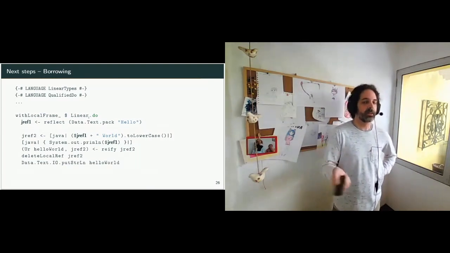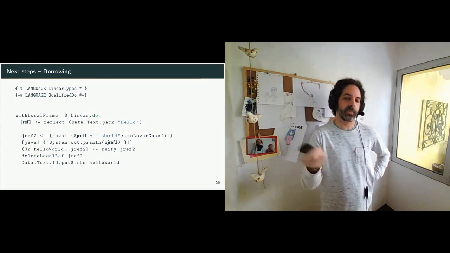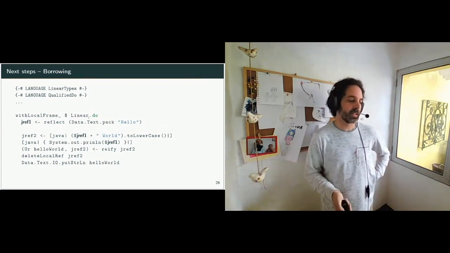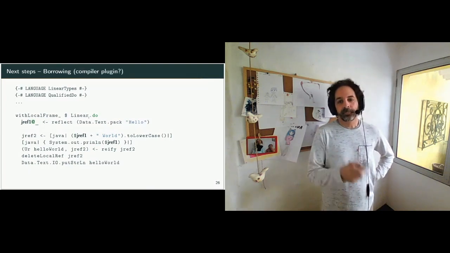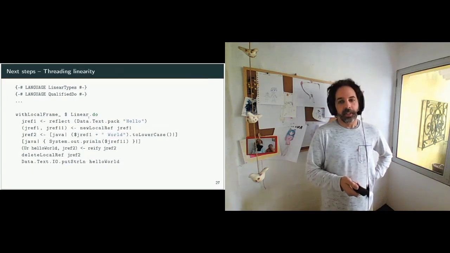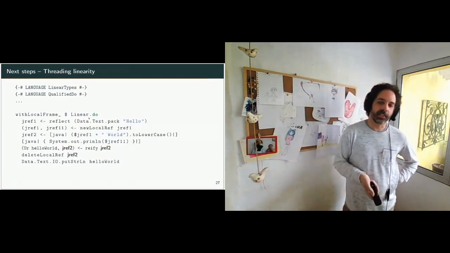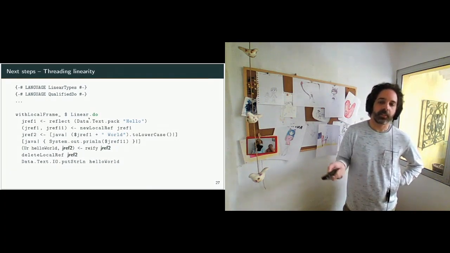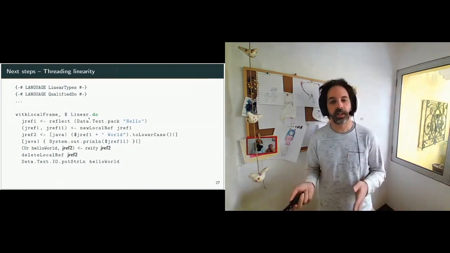At least one could think of a compiler plugin that would scan the linear code and decide that here we need to duplicate the reference once and do that for us automatically. Another bit of syntactic overhead is having to pass these references explicitly. In the case of RAIFI, we need to pass shref. We need to bind shref2 again when we invoke RAIFI.